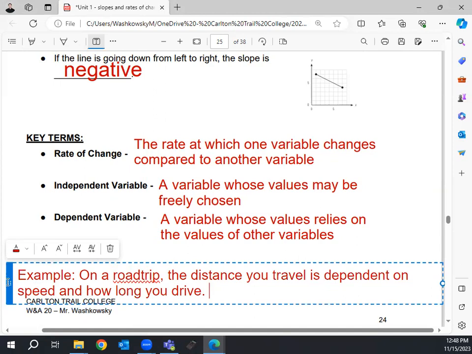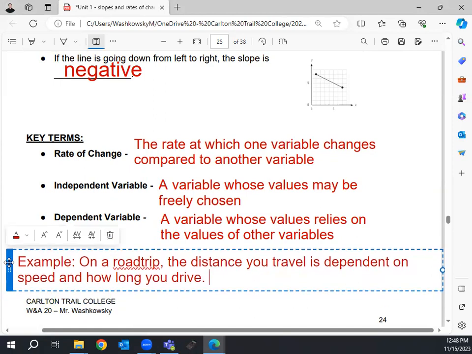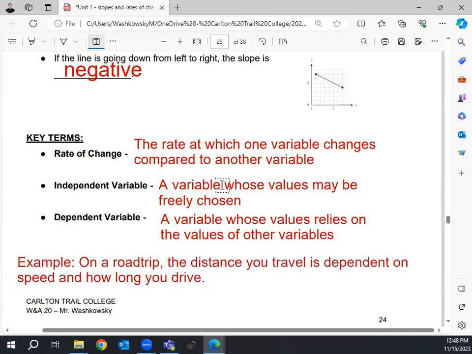So that's just an example here. One of these is dependent on the other one, if that makes sense. So the independent thing here is something that the values can be freely chosen. I can just be like, yeah, we drove 8 hours. We drove 6 hours. We drove 4 hours. But the amount of distance I'm traveling is dependent on how long I traveled at a certain speed.